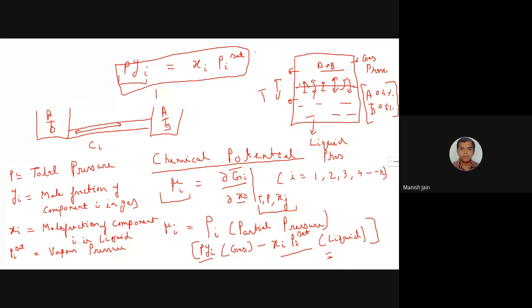Now this equation is true when the solution is an ideal solution. There is one more thing which you have to understand. In other terms, you can say the partial pressure of liquid is equal to xi Pi sat when the solution is an ideal solution.